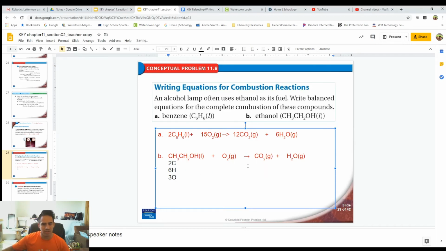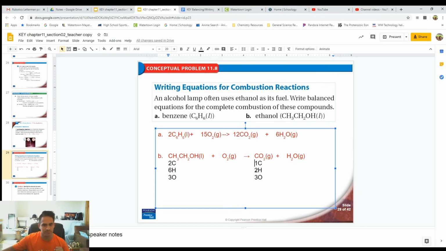On the product side, number of carbons we have is 1. Number of hydrogens we have is 2. And number of oxygens we have is 3. Okay, so we have 2 here. We have 2 there and 1 there. So that's 3 oxygens.